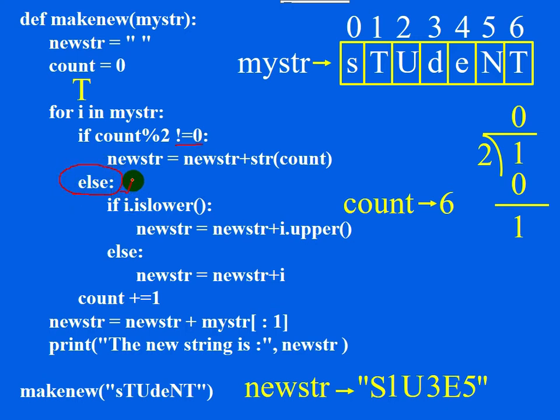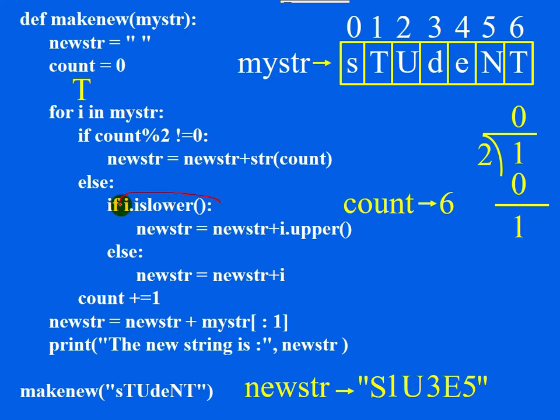i contains capital T. Capital T dot islower. islower checks whether i contains a lowercase alphabet or not. If it is a lowercase alphabet, islower returns true, otherwise false. So here capital T is not a lowercase alphabet, so islower returns false.